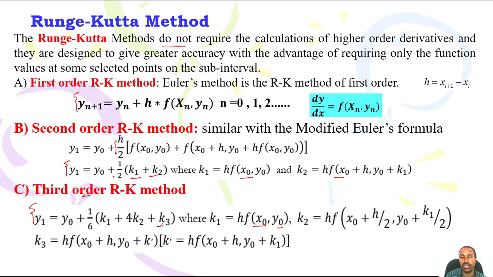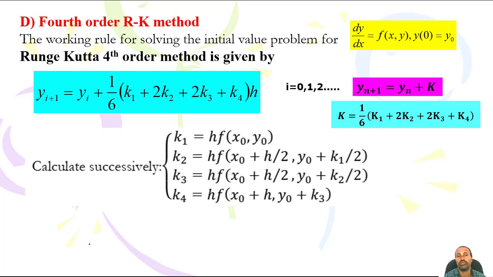Then once you get k2, k3 will be completed. So k3 will be h into f of x naught plus h, y naught plus k prime, then k prime is h into the previous one, you add just k1. So I think this is the Runge-Kutta third order formula.